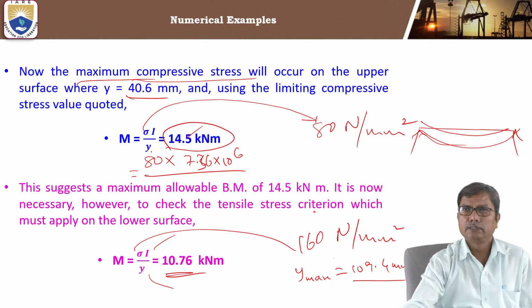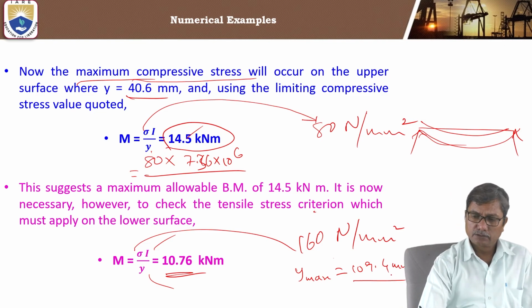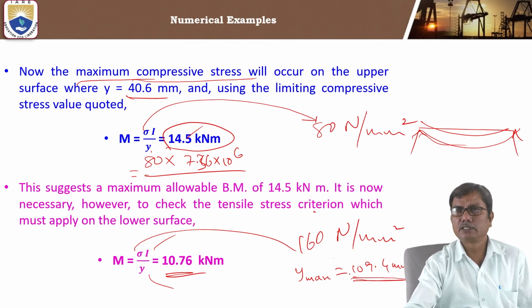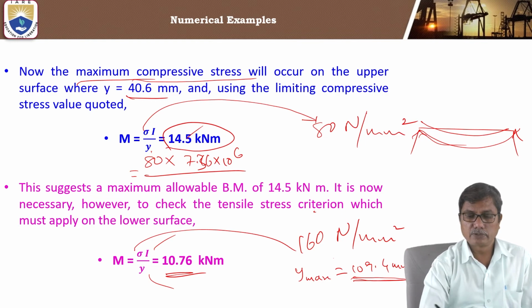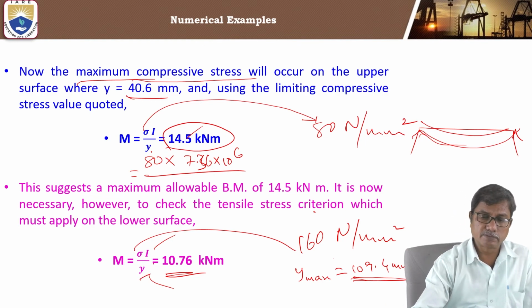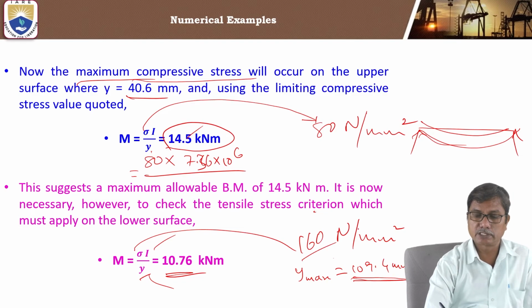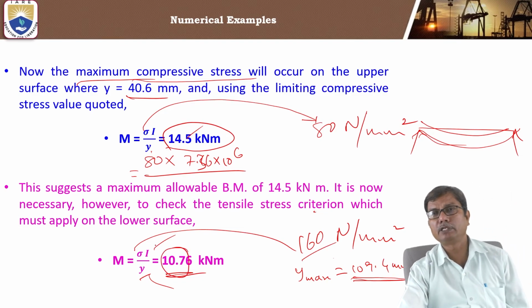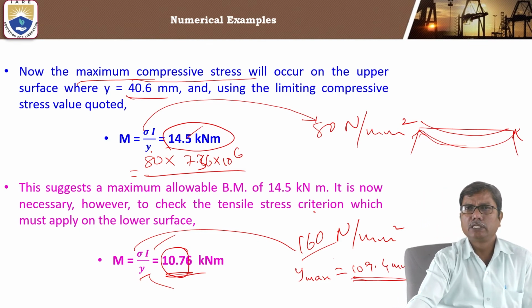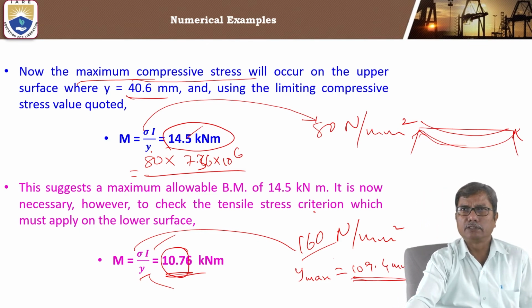So the extreme fiber distance in tension is 109.4, that we will take here as Y maximum. Sigma maximum is 160. Substituting these values, you will get the maximum bending moment as 10.76 kilonewton meters.